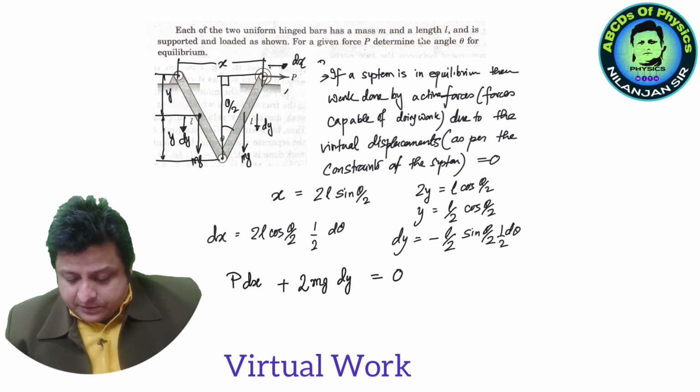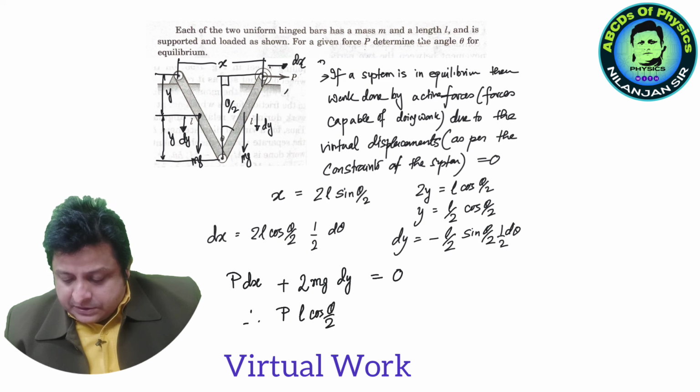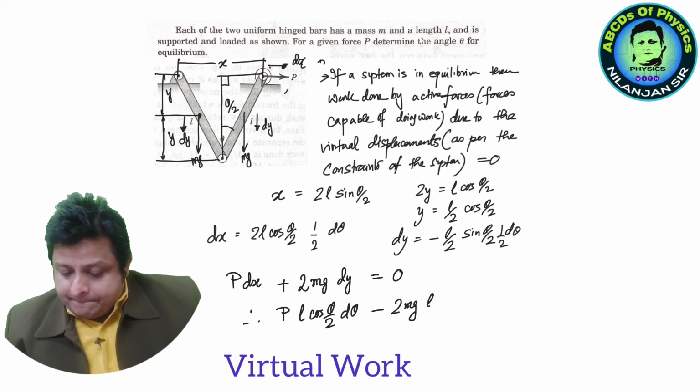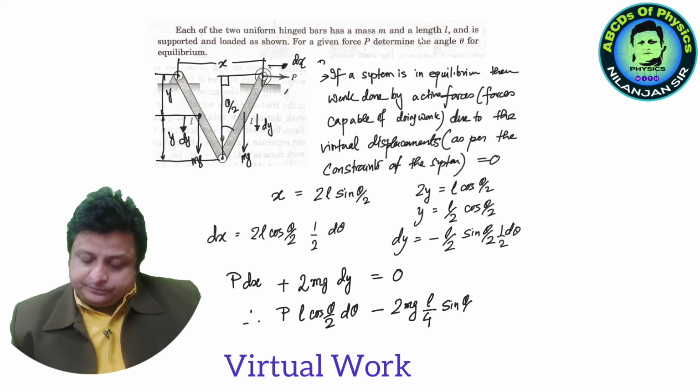Therefore P times dx, which is L cos theta by 2 d theta, minus 2 mg times dy, which is L by 4 sine theta by 2, is equal to 0.